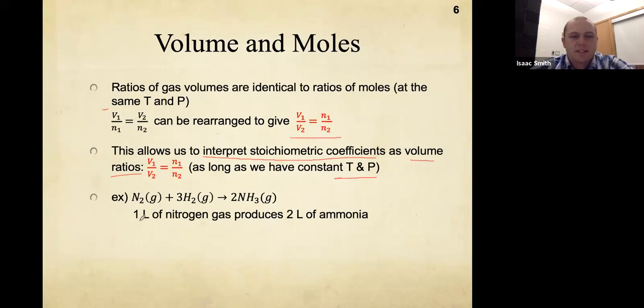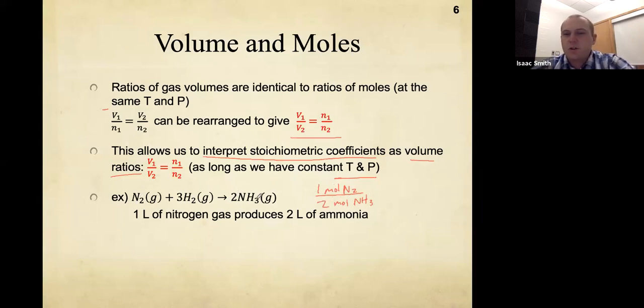So for example, we can say that 1 liter of nitrogen gas produces 2 liters of ammonia. Before, we used to only be able to say that 1 mole of nitrogen produces 2 moles of ammonia, right? We've done that before with our mass calculations. We use the mole ratios to say 1 mole of nitrogen produces 2 moles of NH3, and the 1 and the 2 come from the coefficients in the chemical equation.